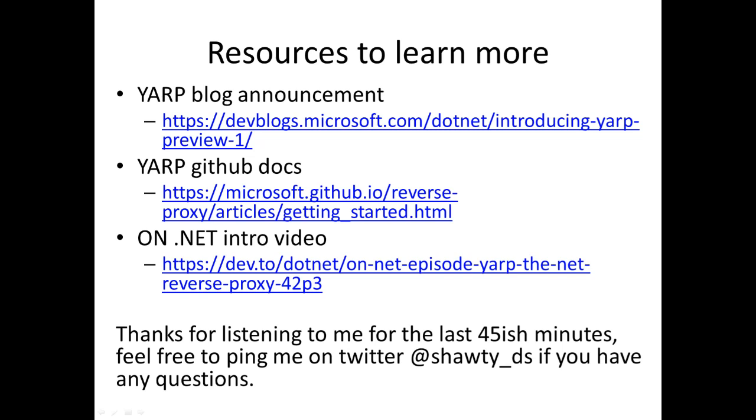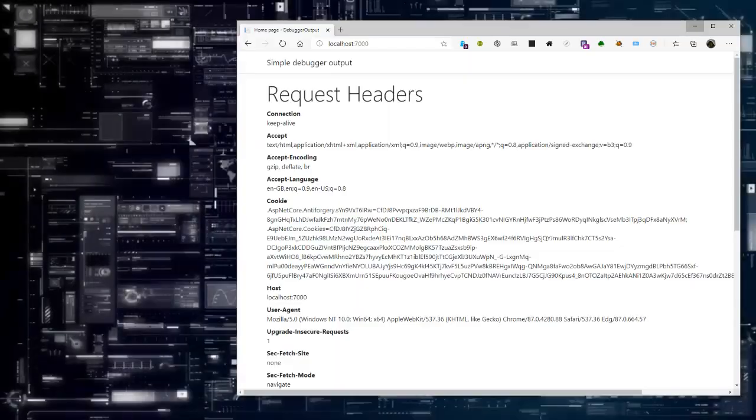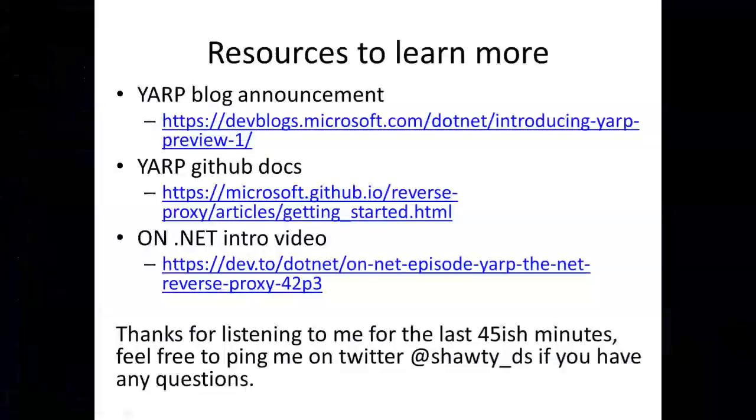Has Yarp got hooks for custom code and plugins yet? I believe it has. Everything that you need to know is on the GitHub docs. The data structures, I believe, are also there somewhere. Let me see.